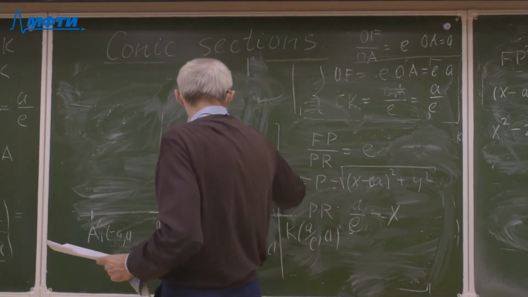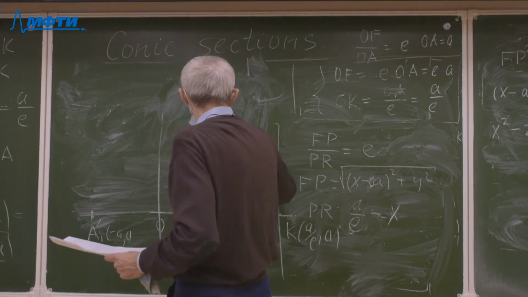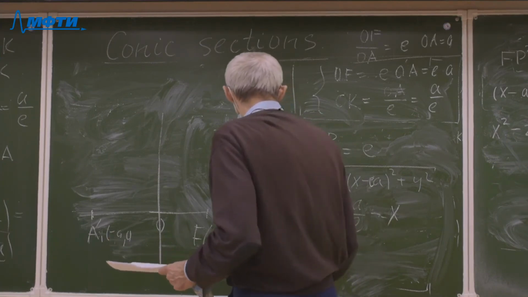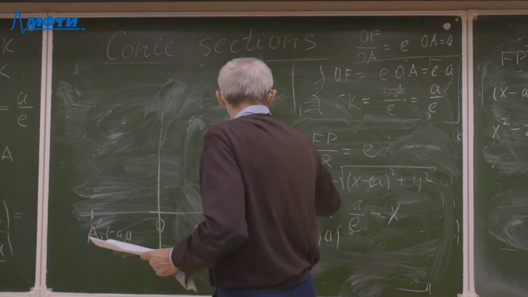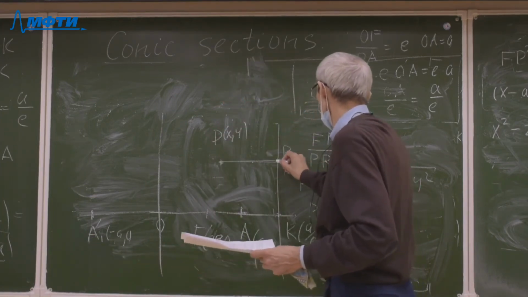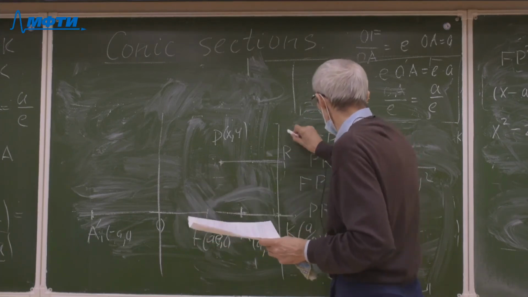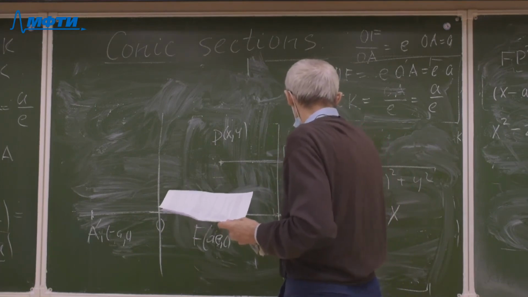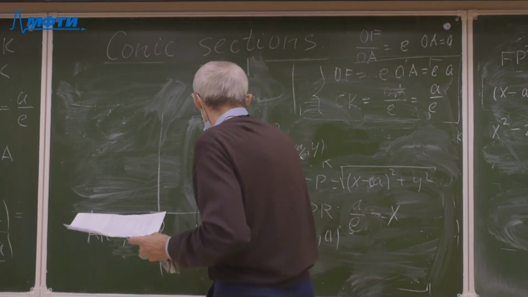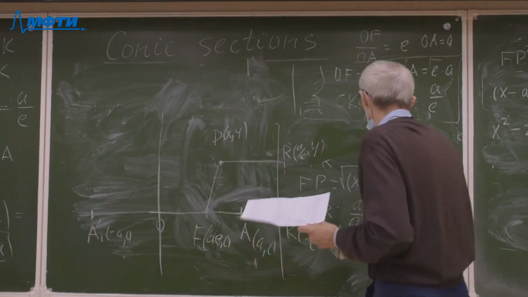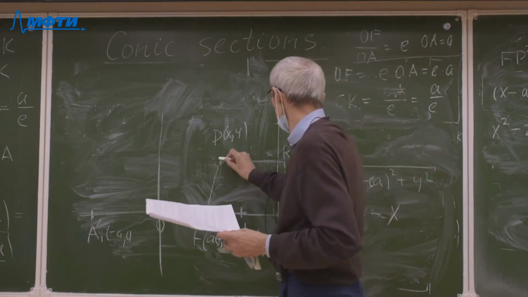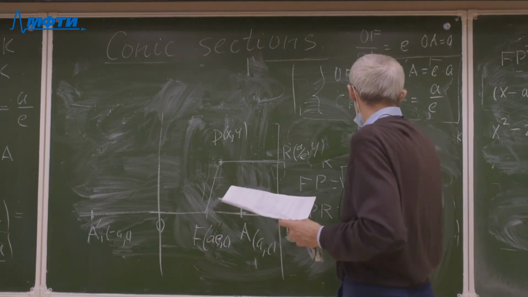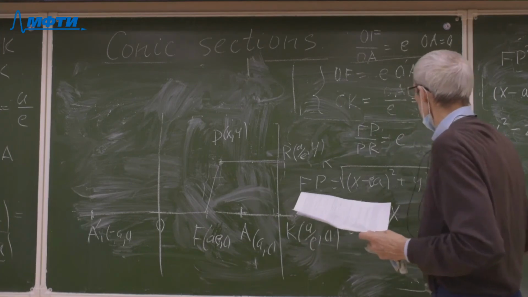And we have some point P which has a coordinate x, y, and let R have coordinate a over e, y, and we have this ratio FP over PR is equal to e.